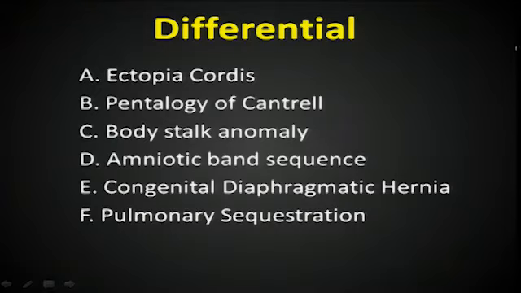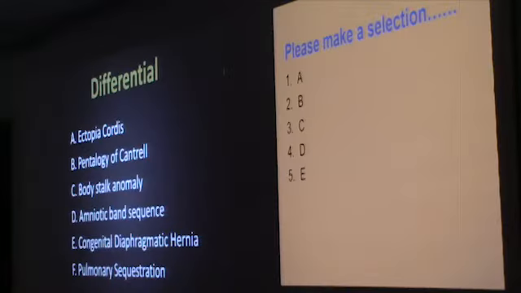So this is our differential: ectopia cordis, pentalogy of Cantrell, body stalk anomaly, amniotic band sequence, congenital diaphragmatic hernia, or pulmonary sequestration. All right.